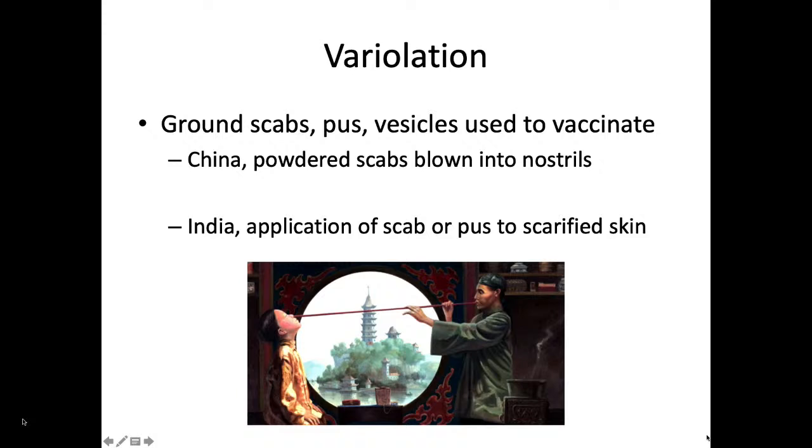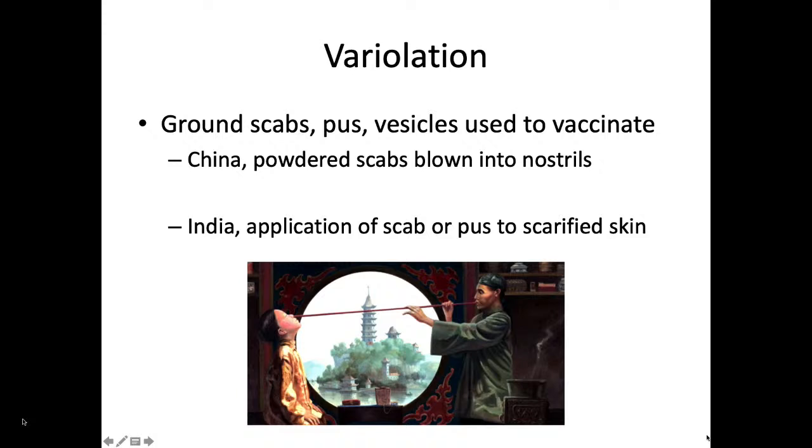They already had the observation that people were not getting smallpox a second time, so they were taking material from a patient having the mild clinical manifestation, and they were introducing this, either through scarring or through nostrils, among healthy people, and they got protection, but it was quite risky.